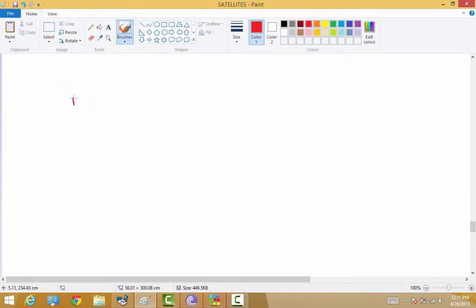Basically it is R1 cubed over T1 squared equals R2 cubed over T2 squared.